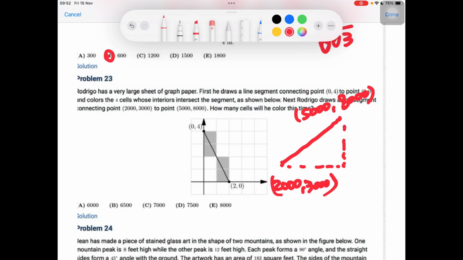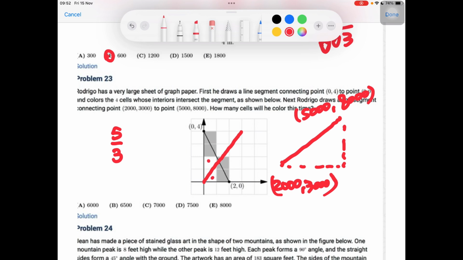So the slope is 5/2. So now we may 5/2, 5/3, sorry. So we can make 5/3. 5/3 slope looks like this. Is it?